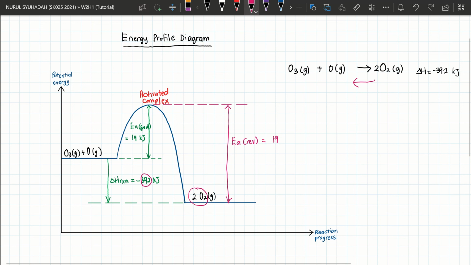So plus 392. Here you will get the value for the reverse activation energy as 411 kilojoules. This is how you calculate the reverse activation energy.